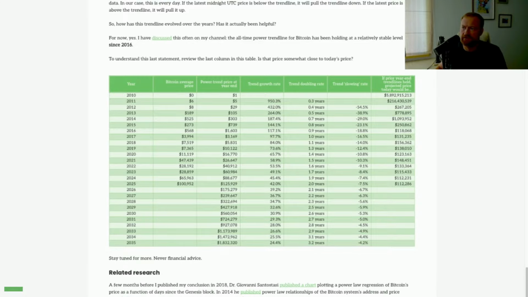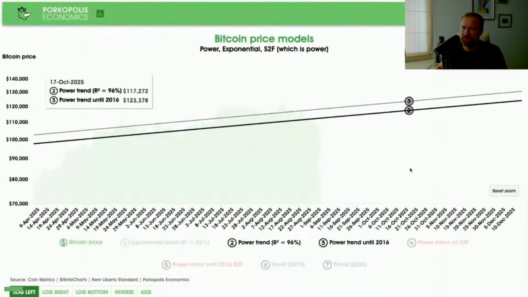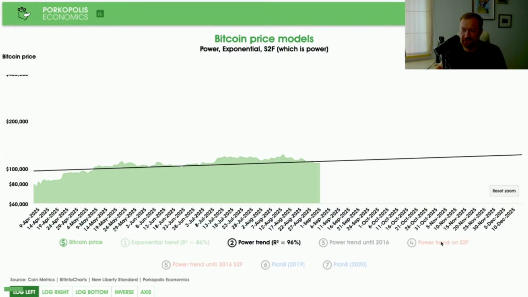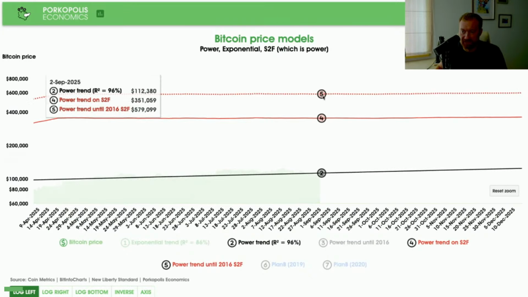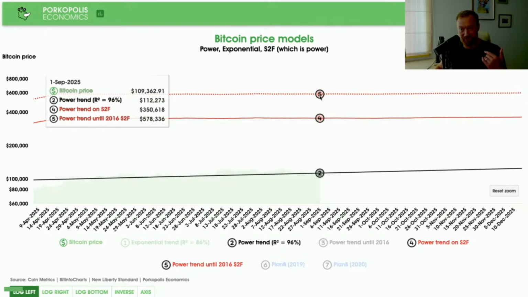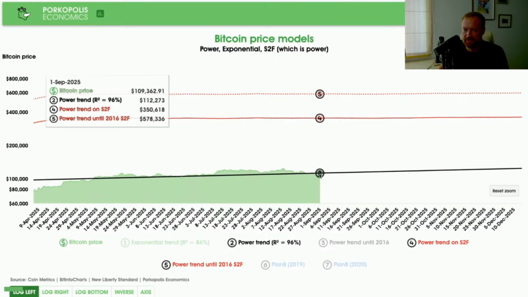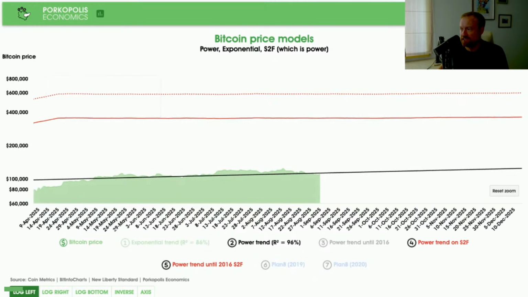And did I just say something? I'm realizing what I looked at. Let's go back here. Let's look at how far the power trend was off. I was actually telling you the power trend off from itself, but we need to look at how far the stock to flow trend is off from the price. So the stock to flow trend 2016 is 578 divided by 350.